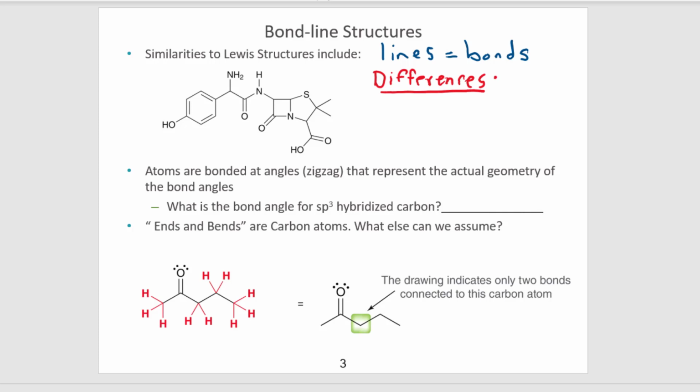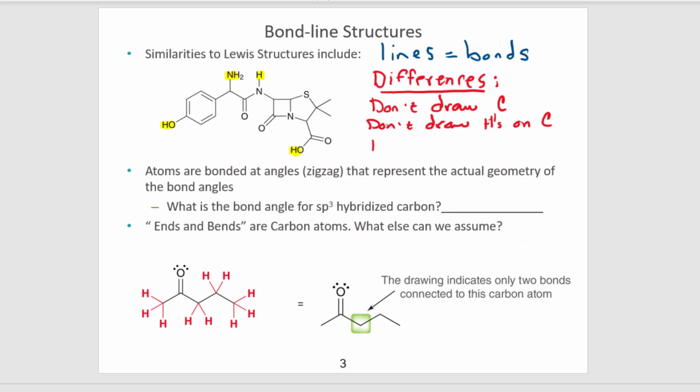The big difference is that we don't draw carbon, and we don't draw hydrogens on carbon. We do draw hydrogens, but only when they're not on carbon. All of the hydrogens that are on carbon are not drawn.